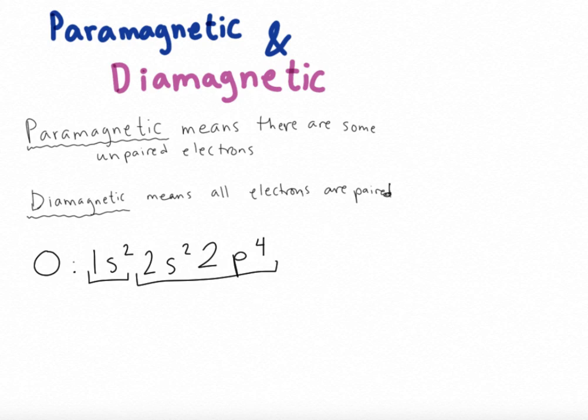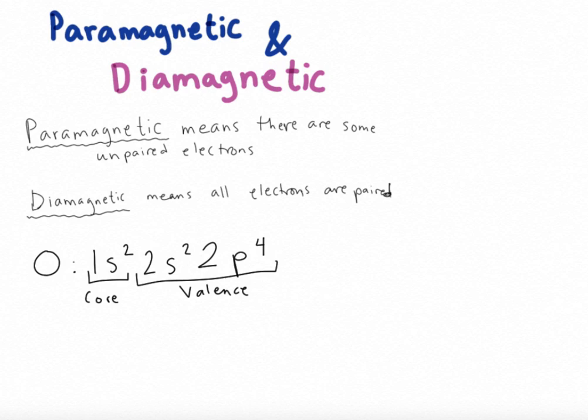The last noble gas that comes before oxygen is helium, and helium has an electron configuration of just 1s squared. So this would be the core electrons, and then these are the valence. So when determining if it's paramagnetic or diamagnetic, we focus on the valence.